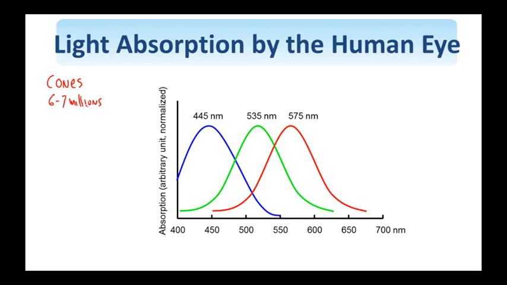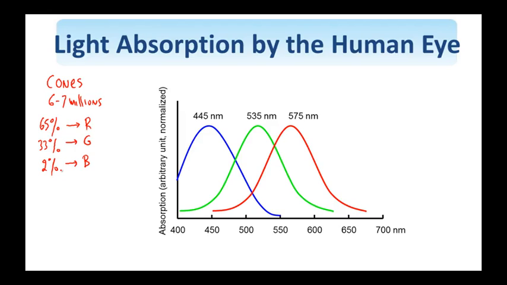So 65% of the cones are sensitive to red, 33% of the cones are sensitive to the green light, and the remaining 2% are sensitive to this blue category of light, although the blue cones are the most sensitive ones. So this figure shows the average experimental curves that deal with the absorption of light by the RGB cones in the eye.